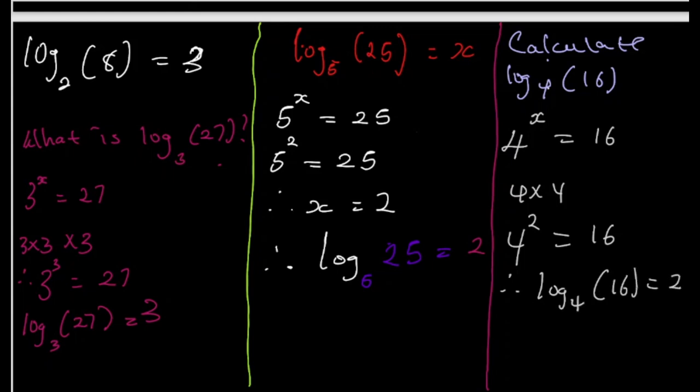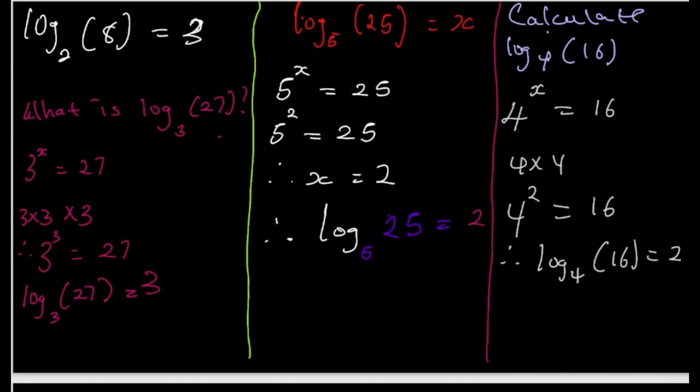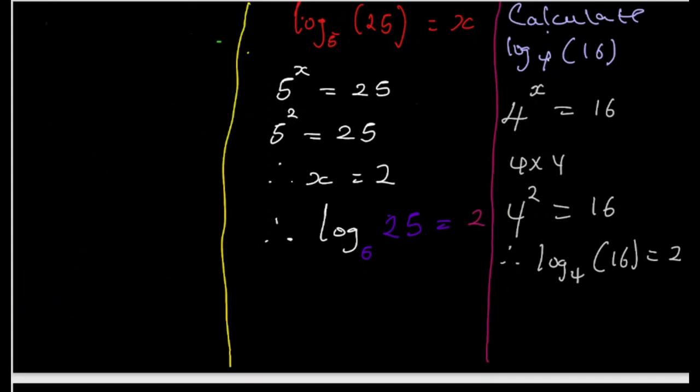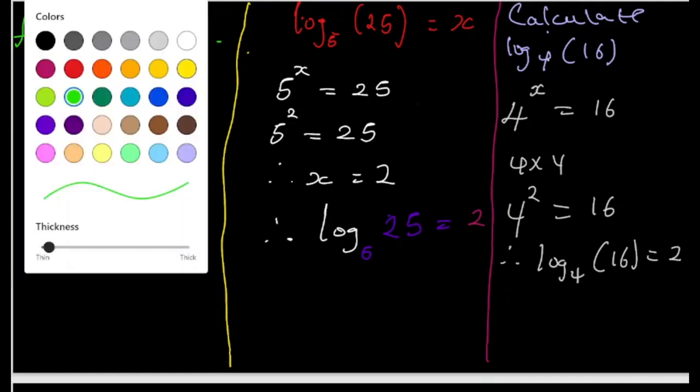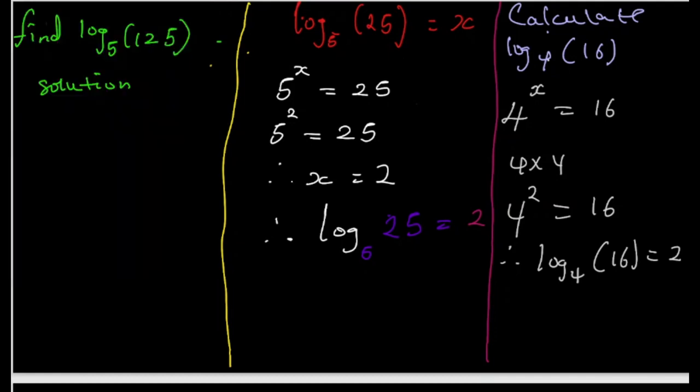Okay, let me scroll up because I want to solve one more question. The question said, find log base 5 of 125. For this, we can simply say the base is 5.